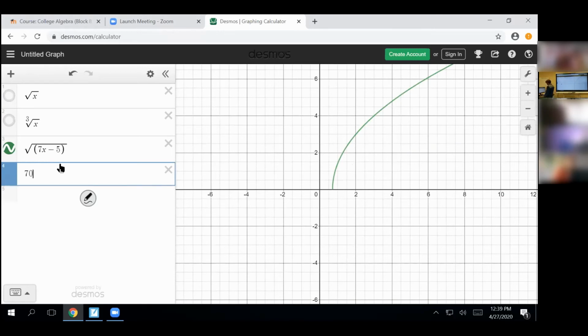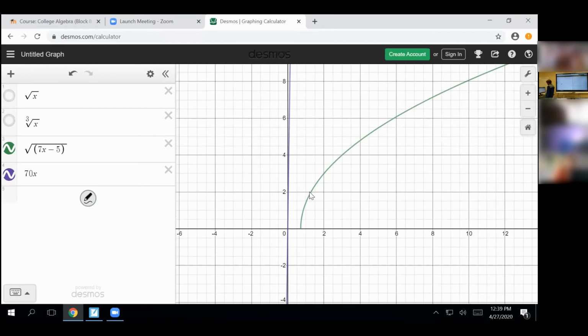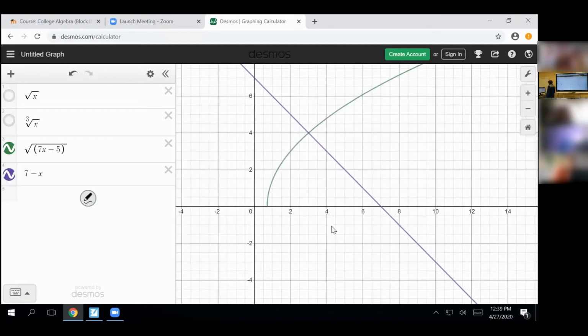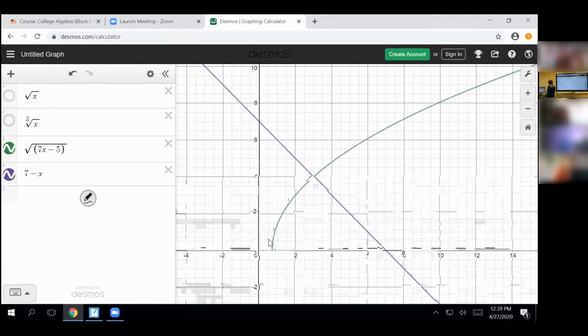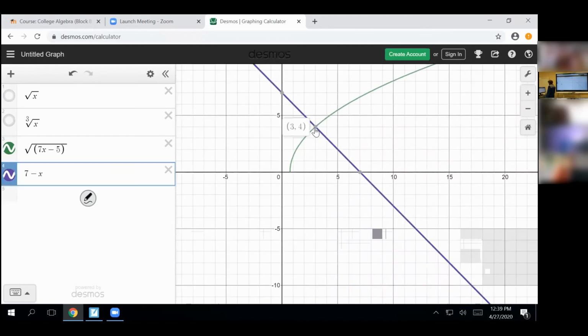Then we had 7 minus x. So that's 7 minus x. That's the one, right? There we go. And you can see pretty clearly that you're only going to get one solution here at x equals 3.